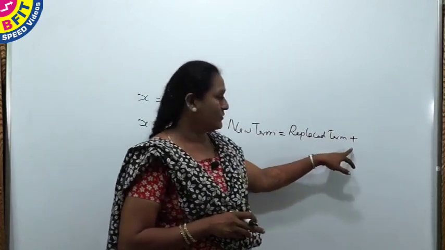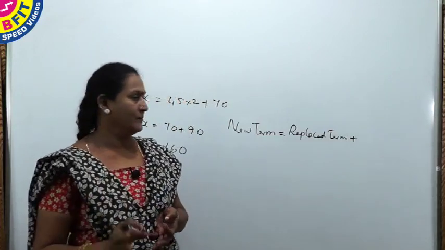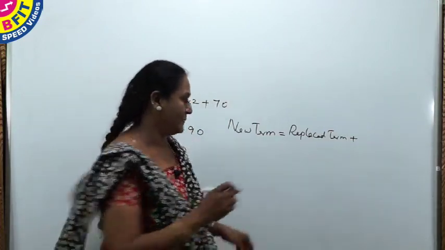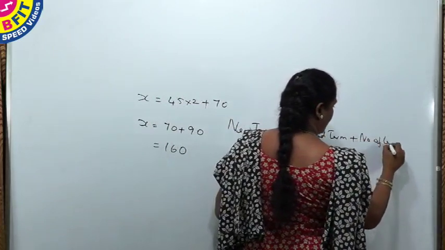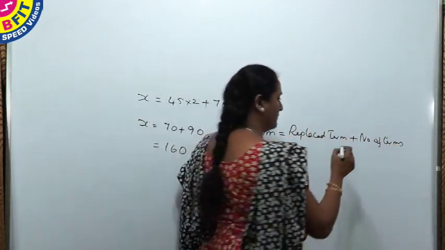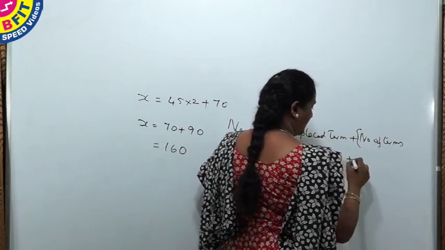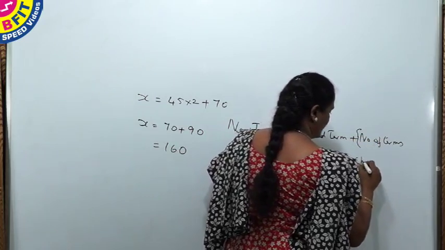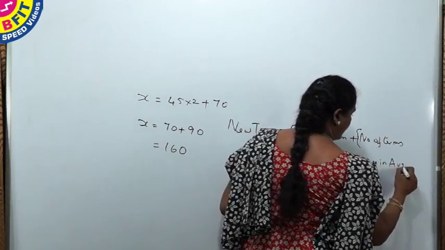Please note that it should always be plus whenever you are replacing one term. So: replace term plus number of terms into plus or minus change in average.